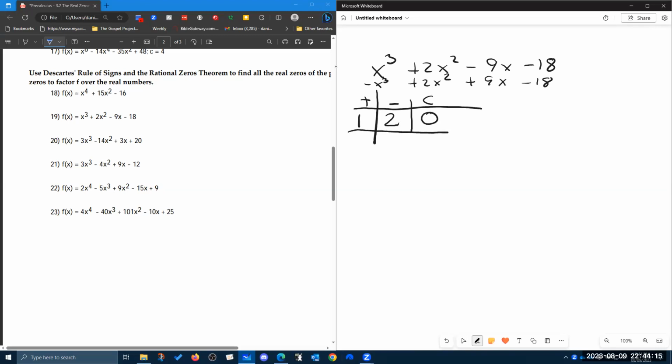Leaves me with 0. And I have 1, 0, 2 as an option. This tells me I'm guaranteed exactly one positive answer, but I'm not guaranteed any negative answers because there could be two complex answers.